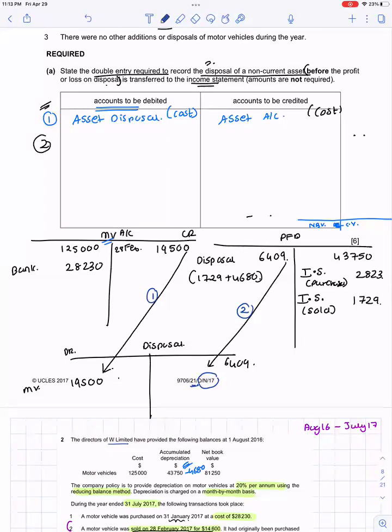So asset provision for depreciation is debited. And which account is credited? Disposal account is credited.